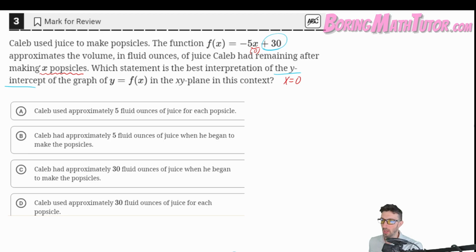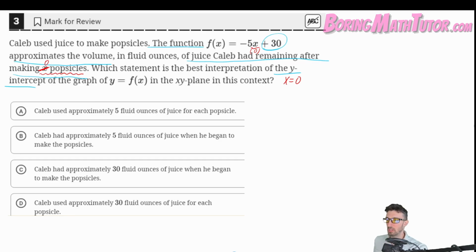But 30 what? Well, it tells you that the function approximates the volume of juice that Caleb had remaining after making x popsicles. So if x was 0, that would mean that he didn't make any popsicles at all.